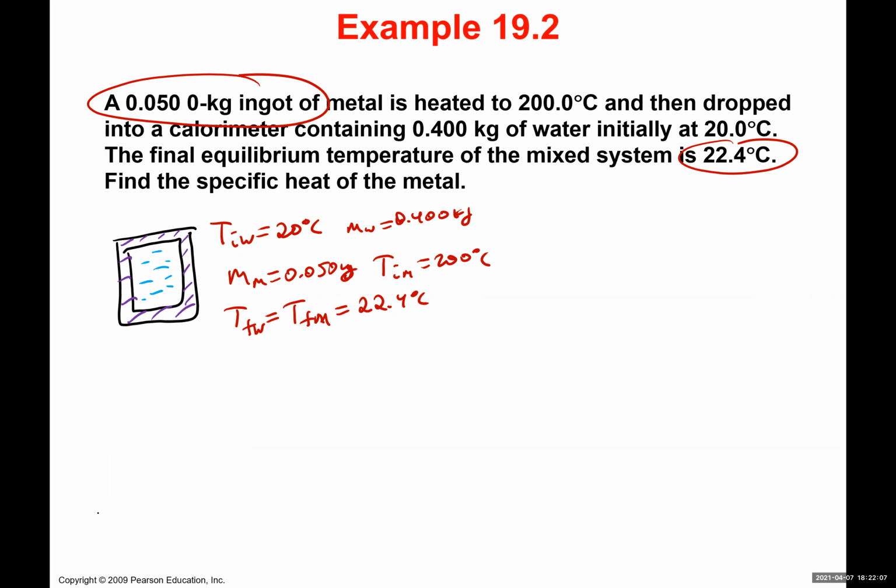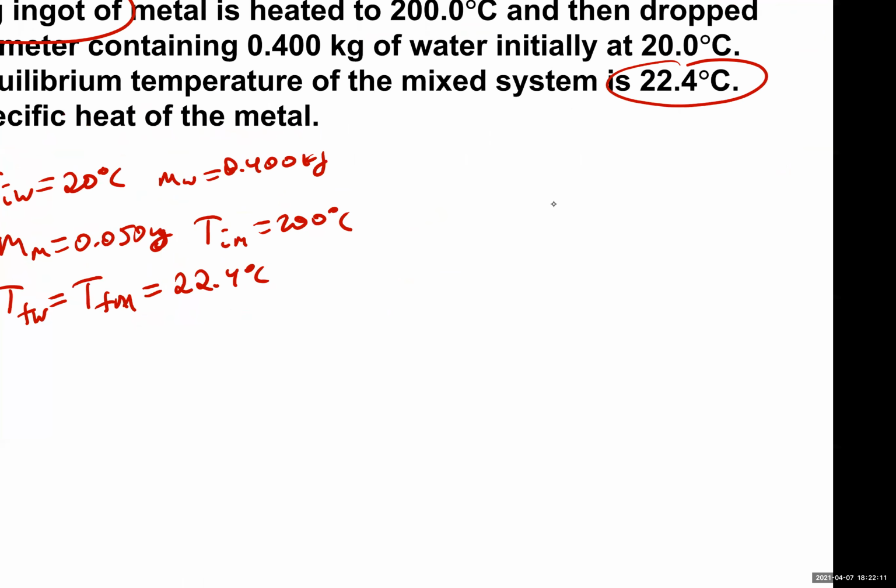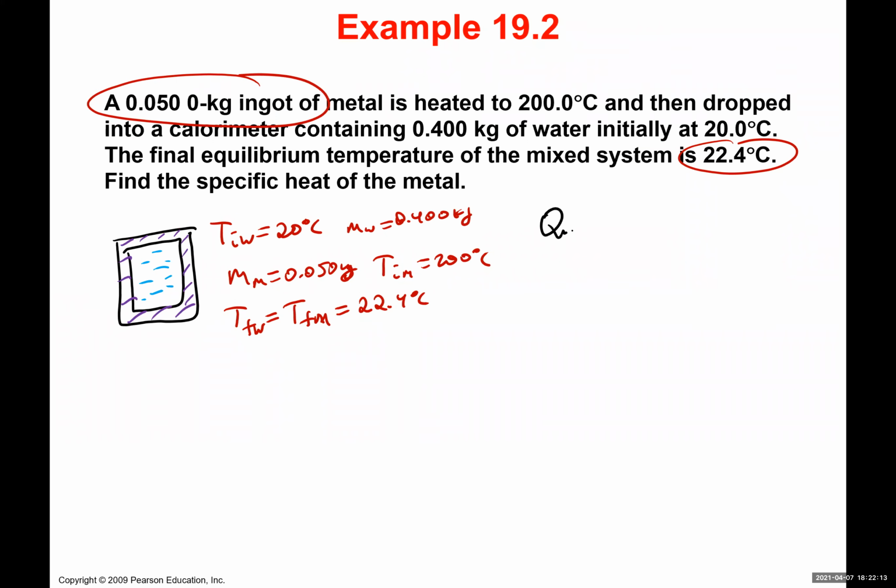And because my system is isolated, I can use conservation of energy. I can say that Q net equals 0, where Q water plus Q metal equals 0. Now, Q water is water from 20 degrees Celsius to 22.4 degrees Celsius.